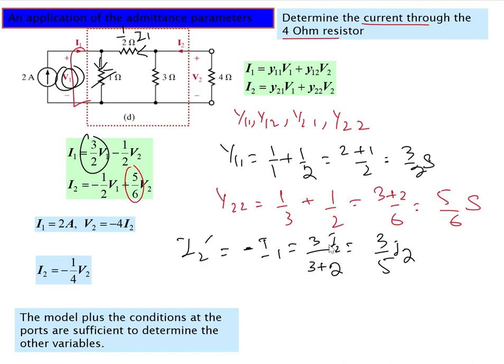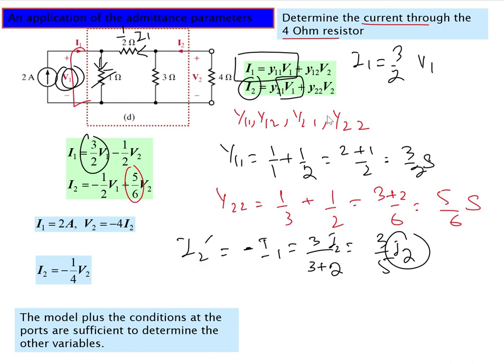This thing is negative. So we will check an equation here in which we can replace I2 by V. Here is I2 and here is V1. If we replace this, we already have the first equation, in which we have I1, y11 is 3 by 2, and V1. So this is for our V1.